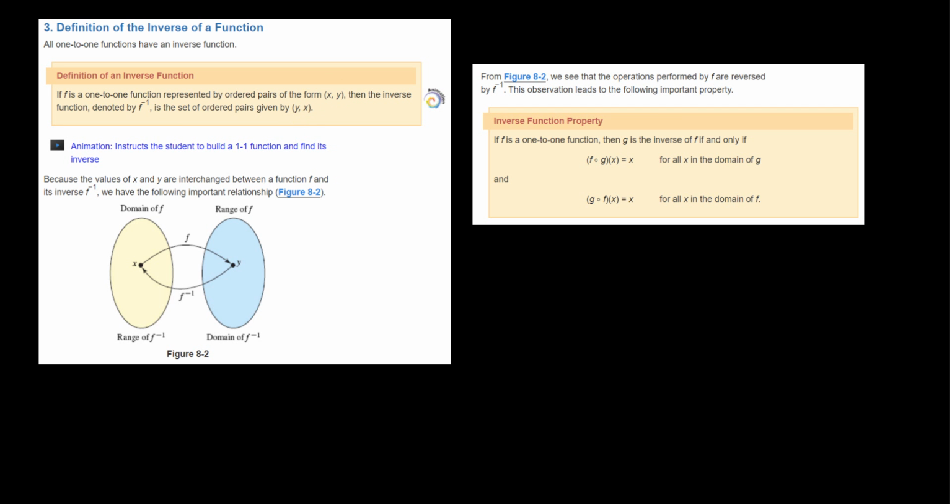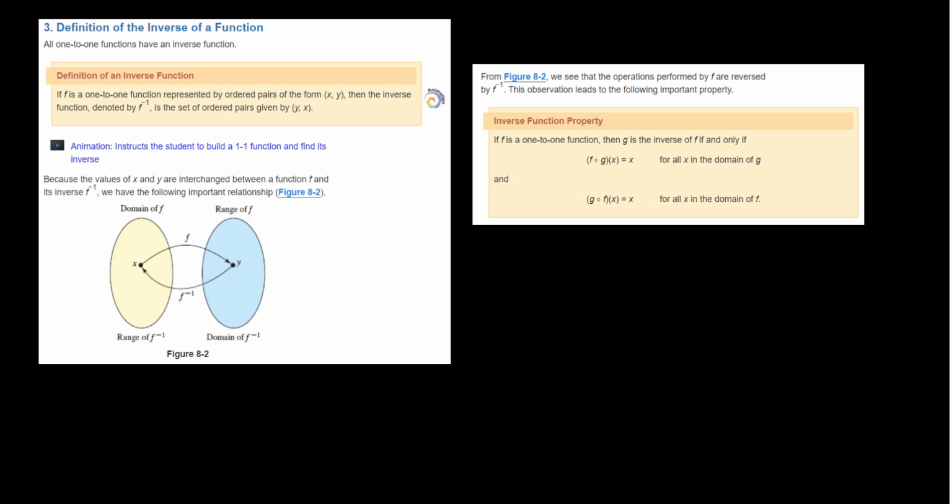Now, I will admit it gets a little more complicated in terms of the computation, but it's not too complicated. So let's go ahead and look at how we can determine if functions are inverses. On the previous section, we talked about composite functions.